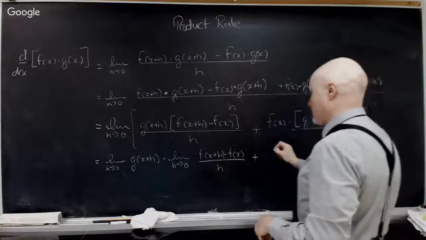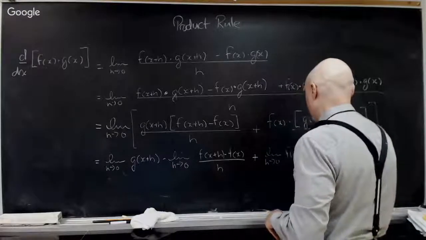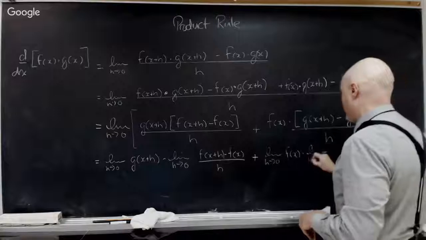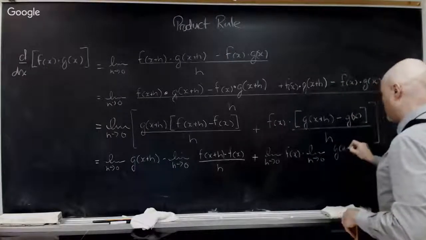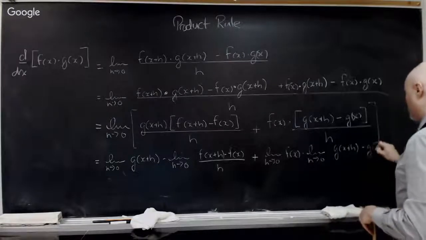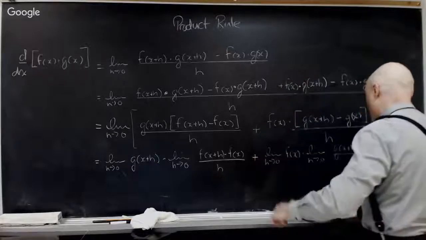And this is limit as h goes to 0 of f at x times the limit as h goes to 0 of g at x plus h minus g at x, and that's all over h.